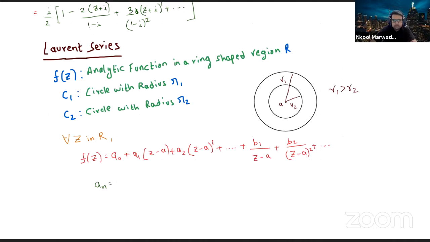The nth term is 1 upon 2 pi I, integration f(omega) upon (omega minus a) to the power of n plus 1, d omega.